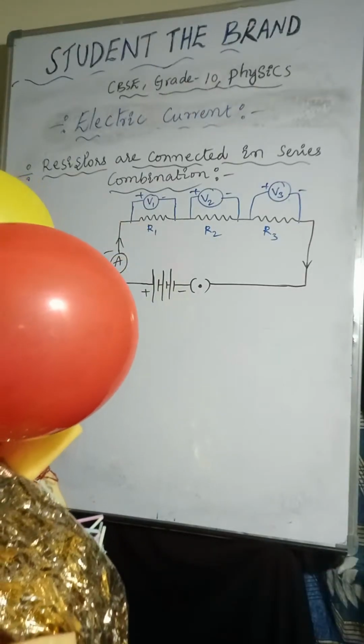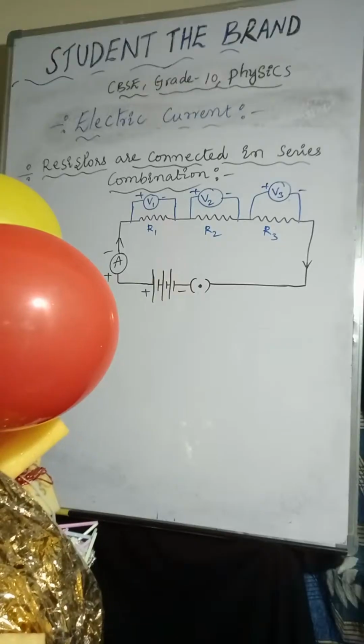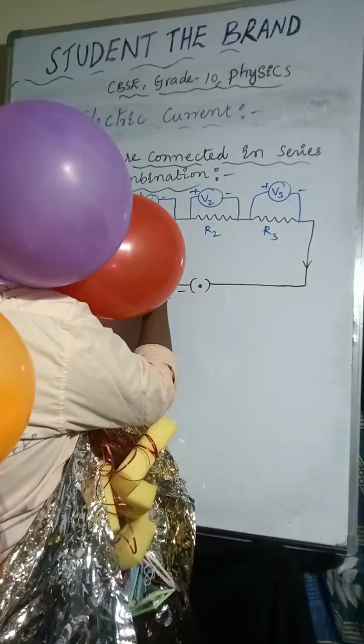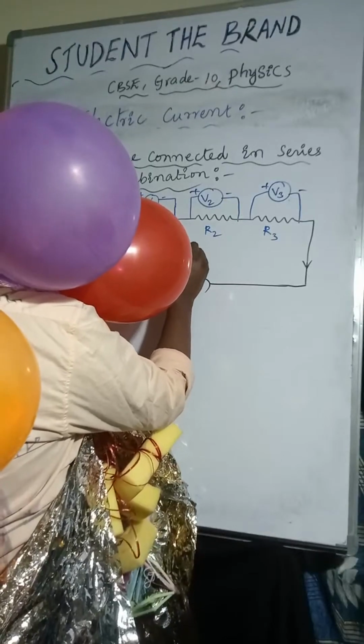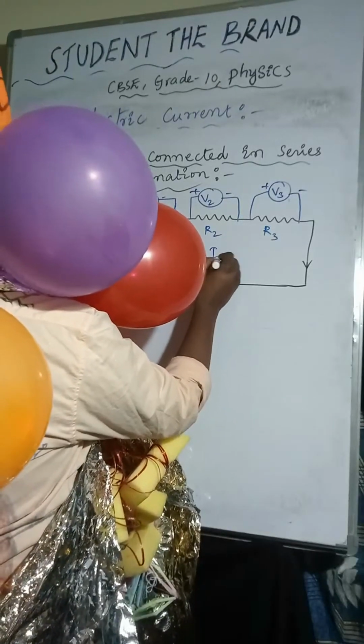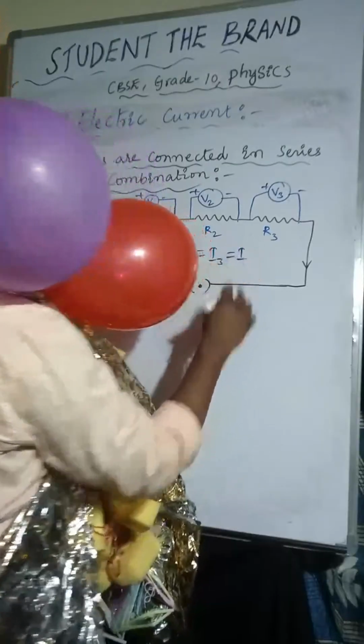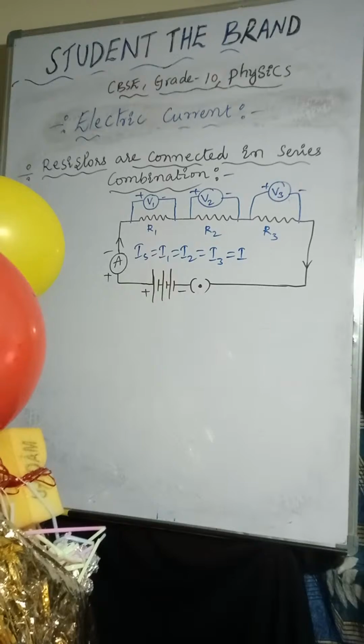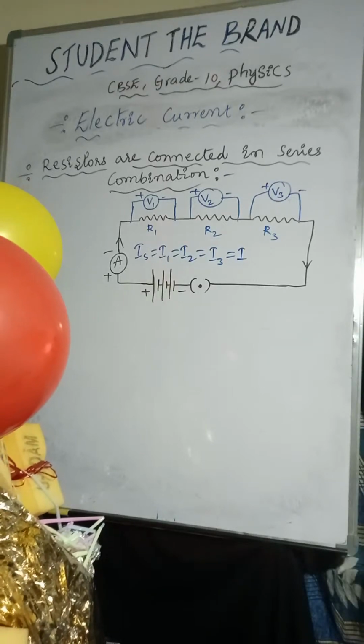Then current is the same throughout the circuit. So Is equal to I1 equal to I2 equal to I3. Throughout the circuit current is the same.